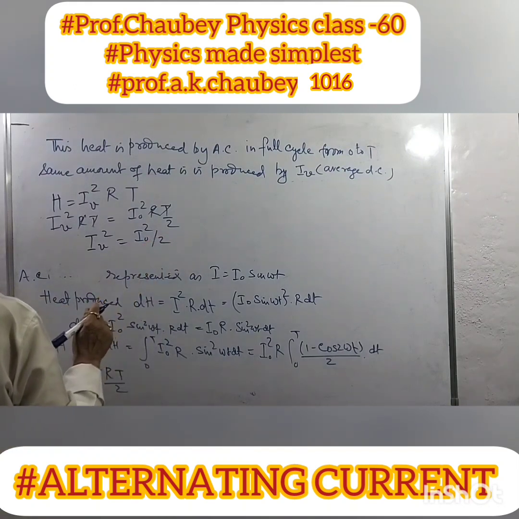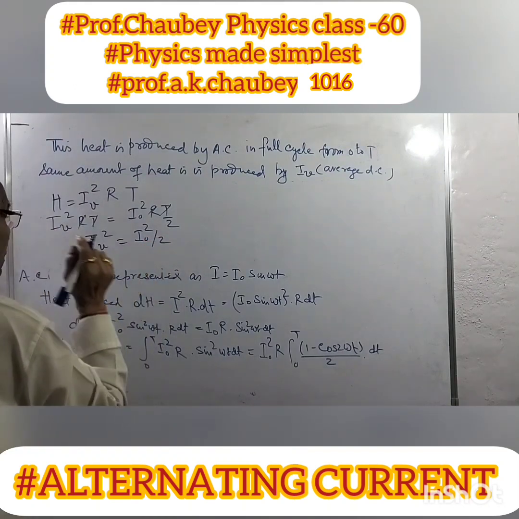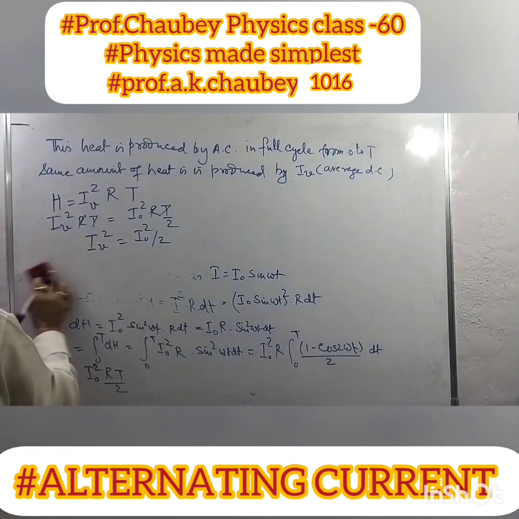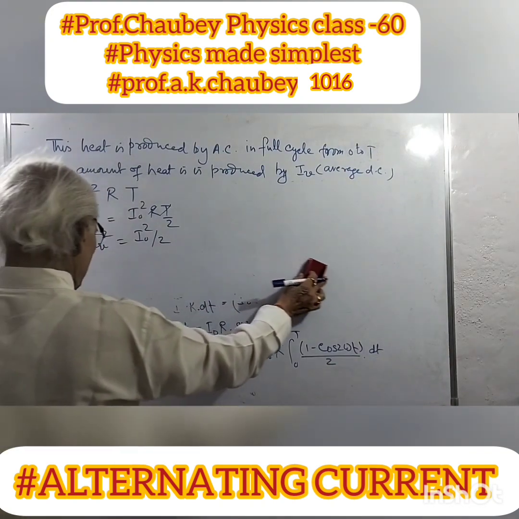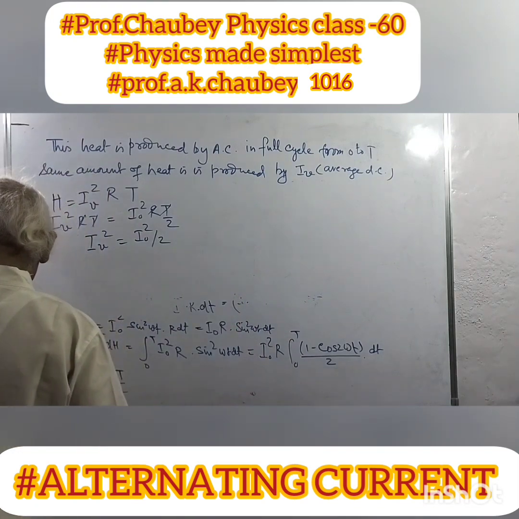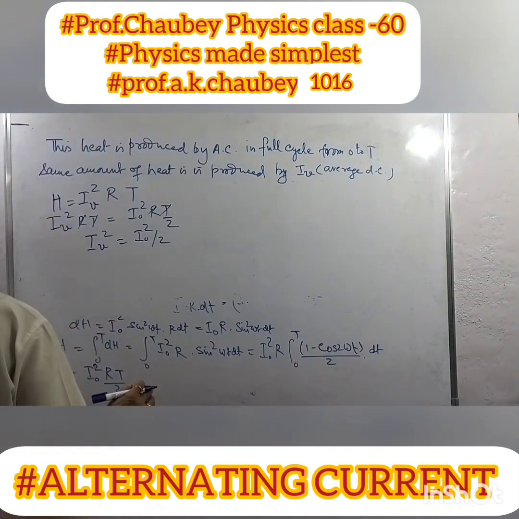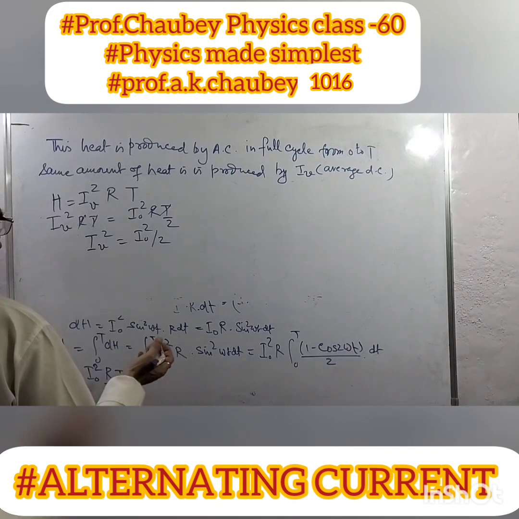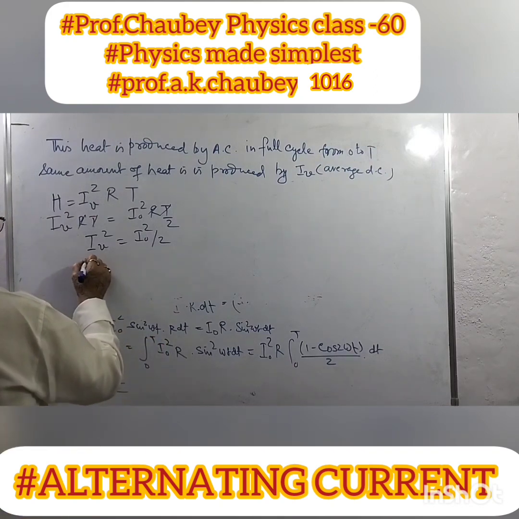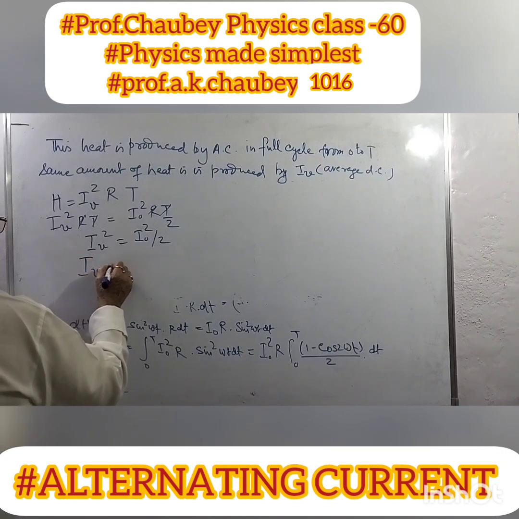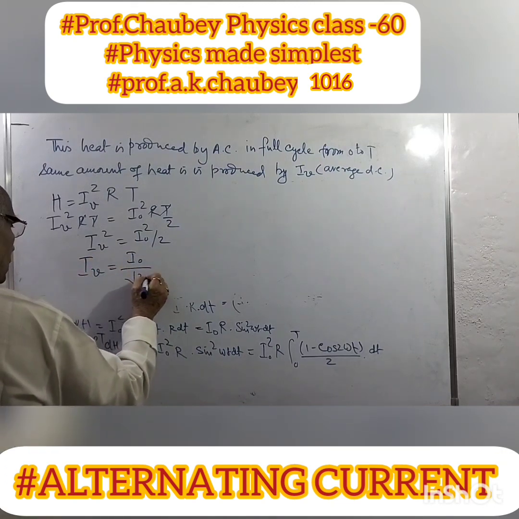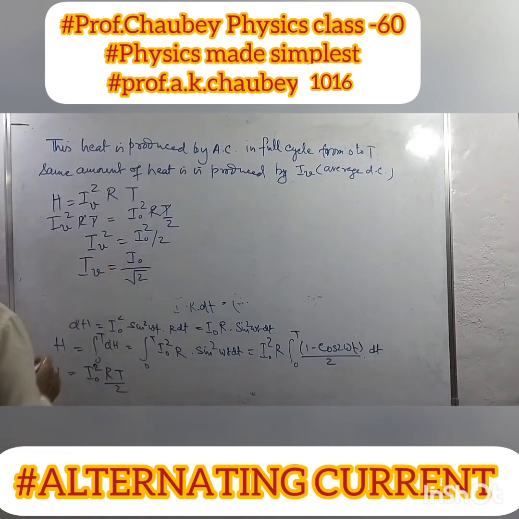So I V is equal to I naught over under root 2.